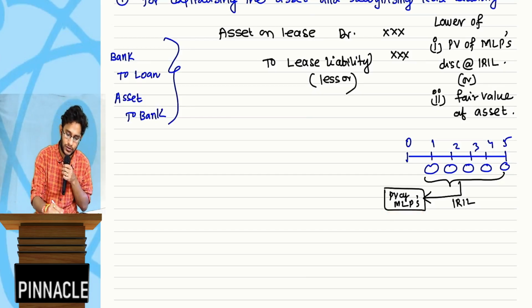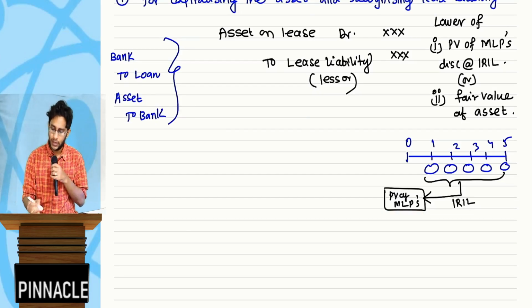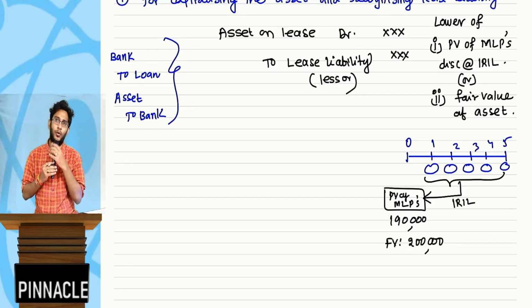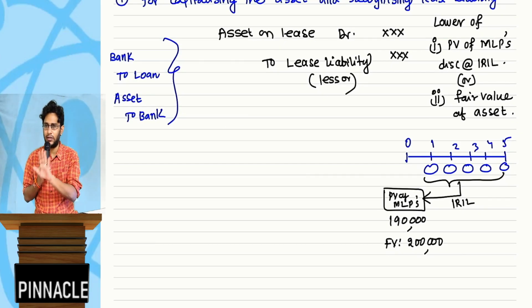Now you see, one small issue is there here. Suppose, sir, the PV of MLPs came to 1,90,000. The fair value of the asset came to 2 lakhs. How our thinking should go is, in the market, if I buy the asset today, its worth is 2 lakhs. But I am paying some lease rents over a period of time, which is as good as today I am paying an amount of 1,90,000 present value.